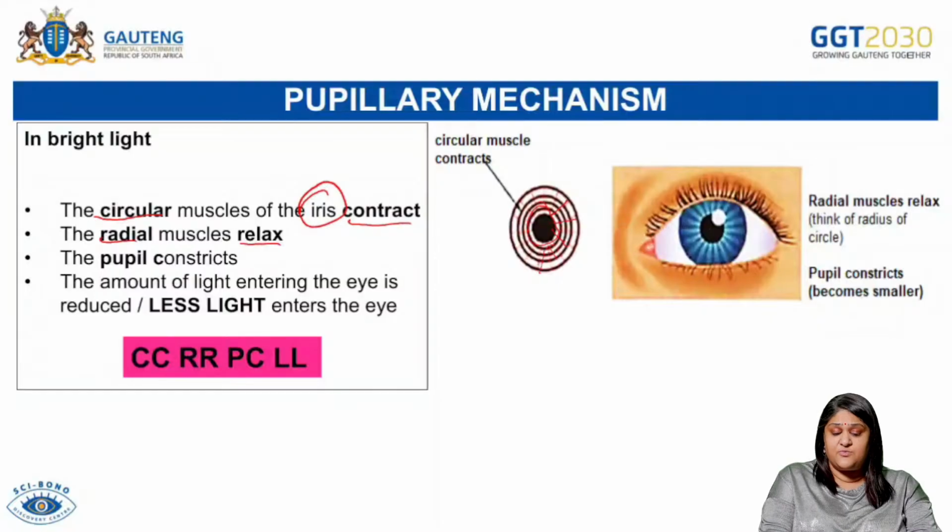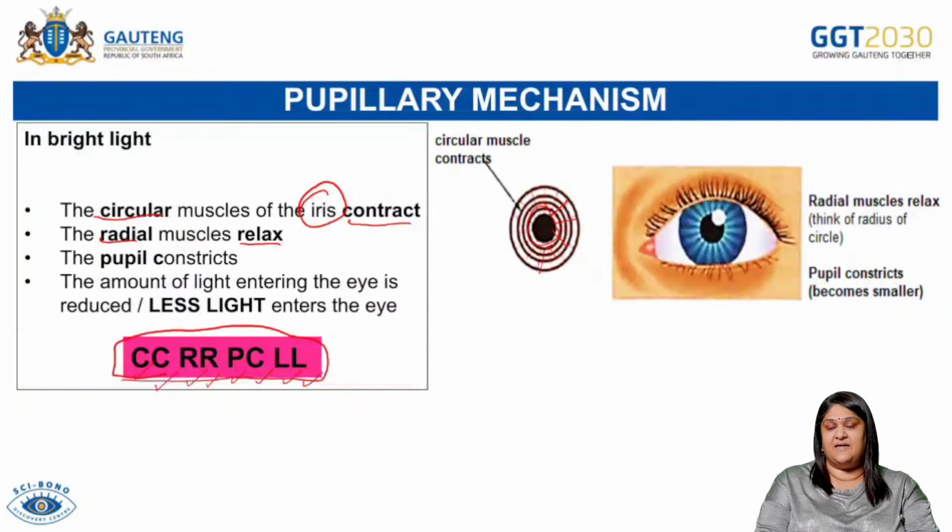These words are bolded and they are put into this little thing over here that you can use, CCRRPCLL. So this stands for circular muscles contract, radial muscles relax, pupil constricts, less light enters the eye.